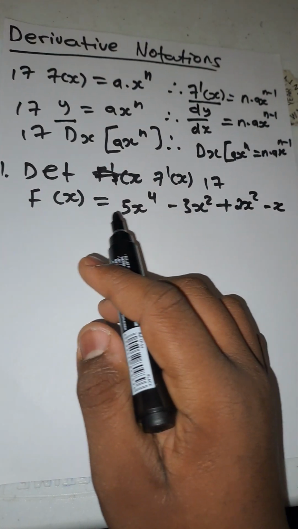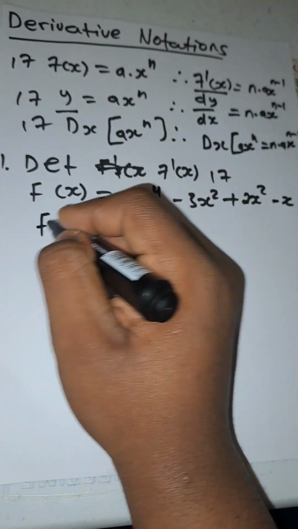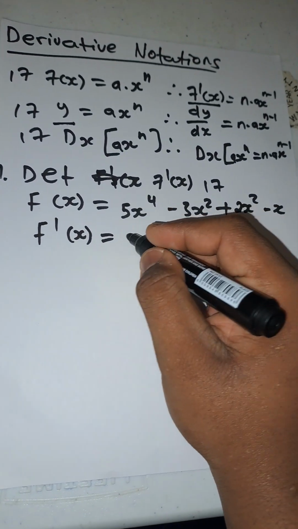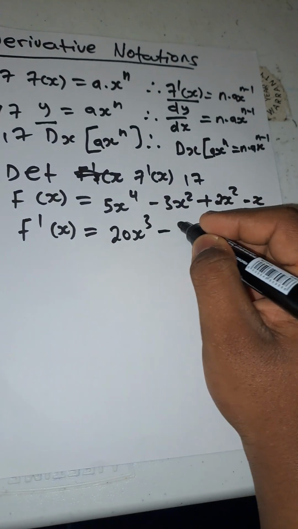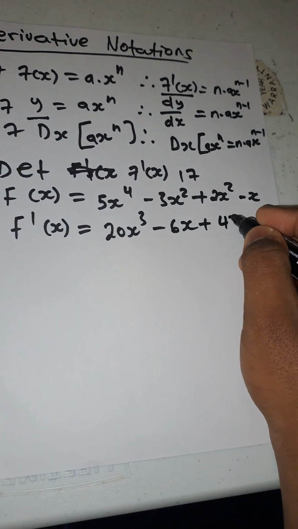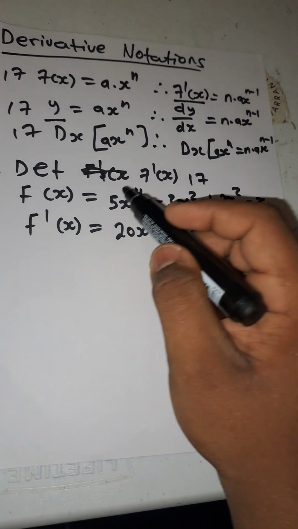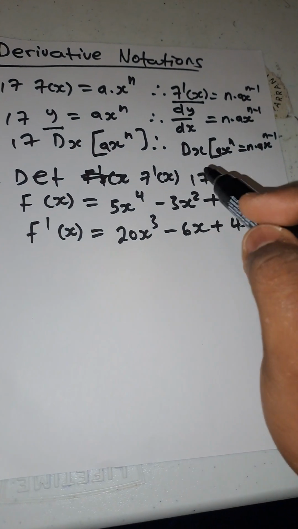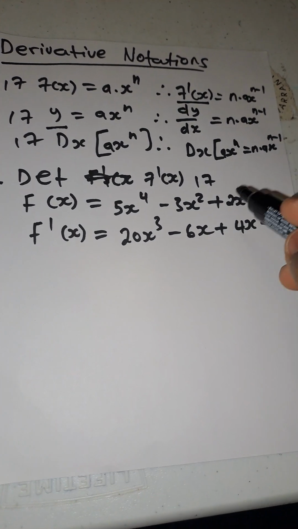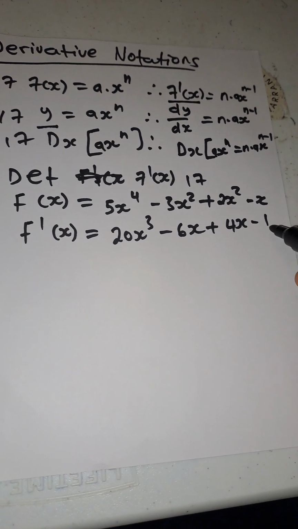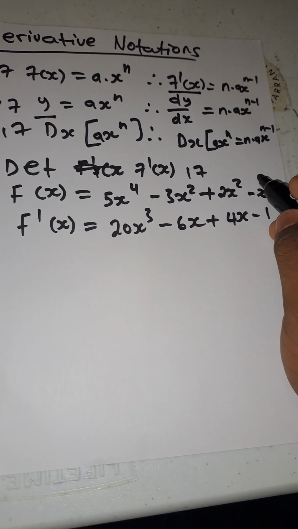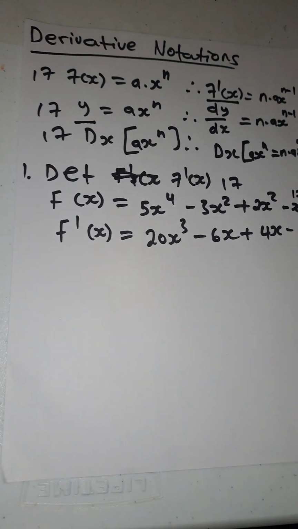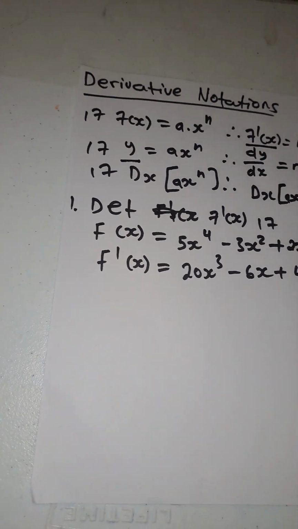So now I have a linear thing, and I can simply do f prime of x is equal to 20x^3 minus 6x plus 4x minus 1. See, 5 times 4 is 20, 4 minus 1 is 3, 3 times 2 is 6, 2 minus 1 is 1, 2 times 2 is 4. The reason I'm saying 1 is that this is the same as 1x. So that's how it is, guys.